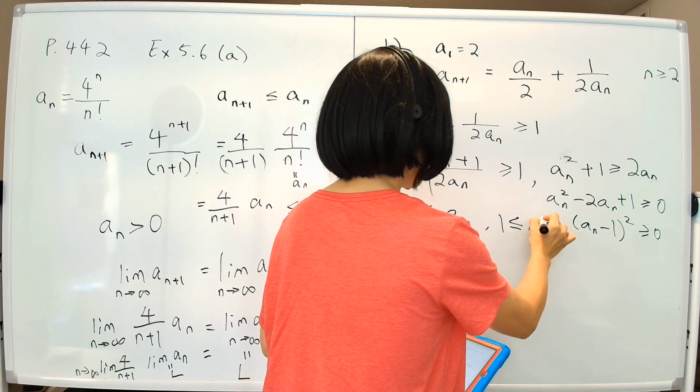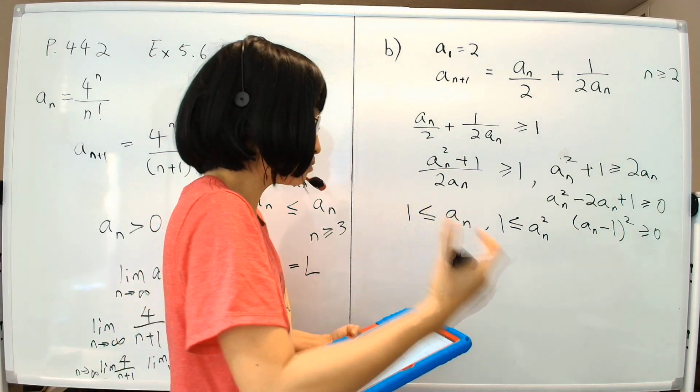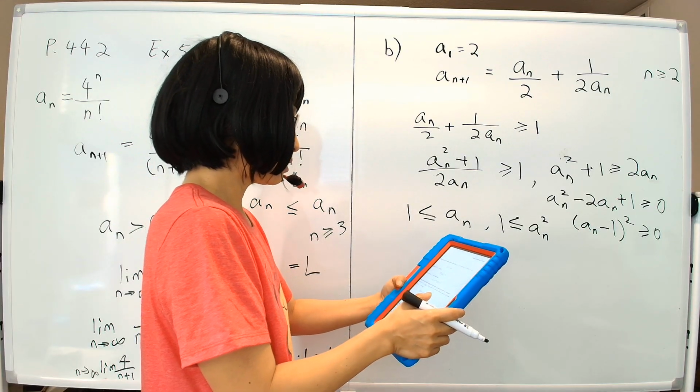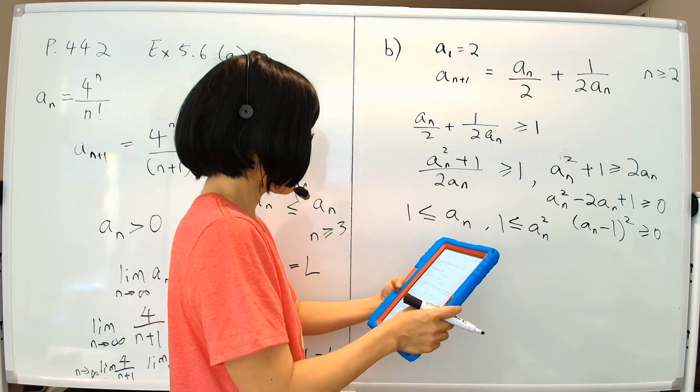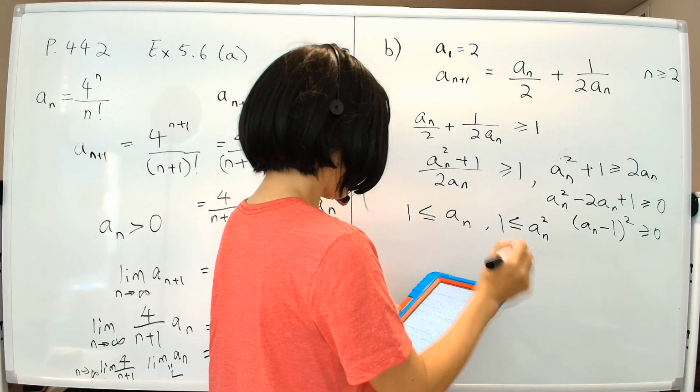Because a number that's bigger than 1, when multiplied by itself, is still bigger than 1. So an squared is also bigger than 1. And then so then we have, what?